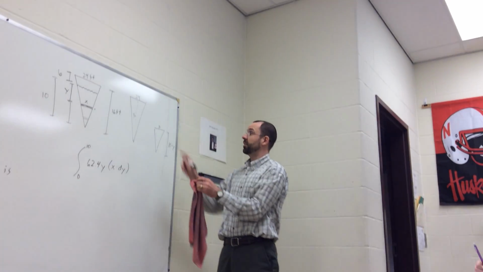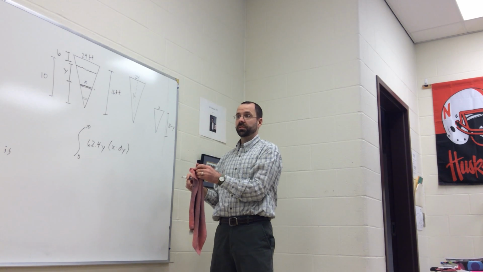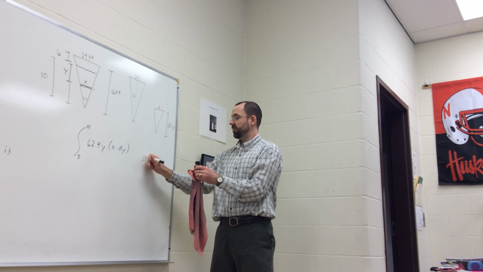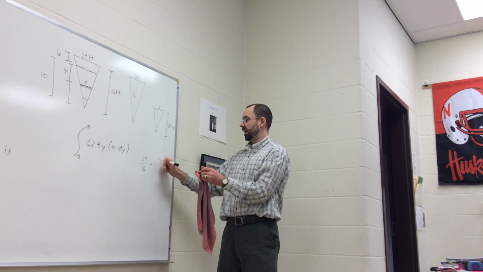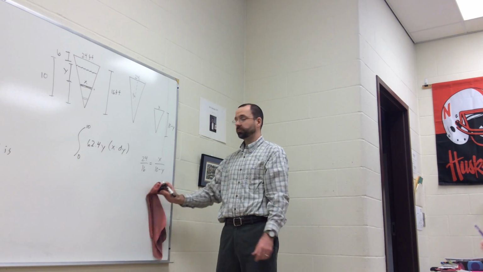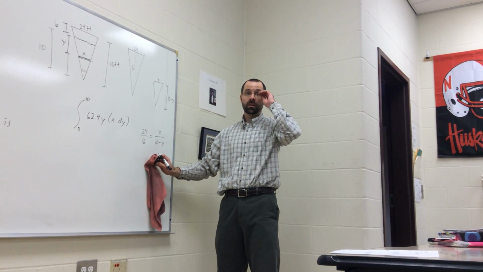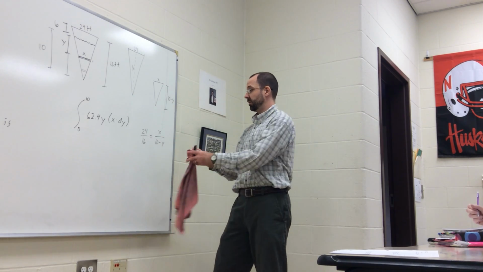Okay, so now these triangles are similar. So I can set up proportions. So 24 over 16 equals x over 10 minus y. Then you cross multiply.